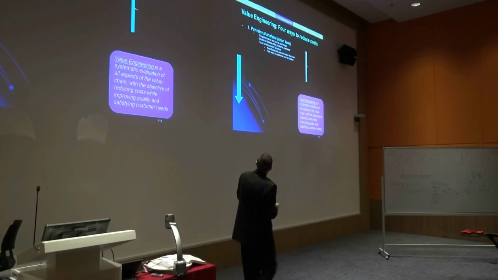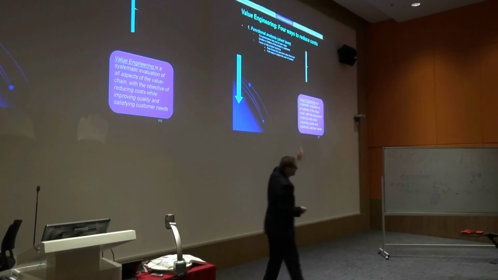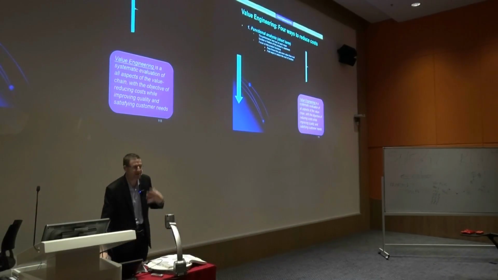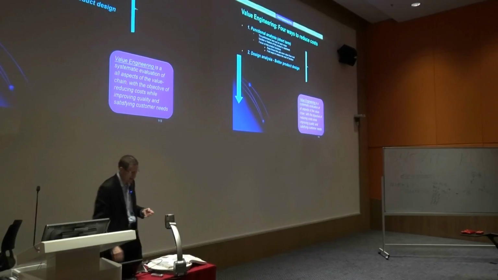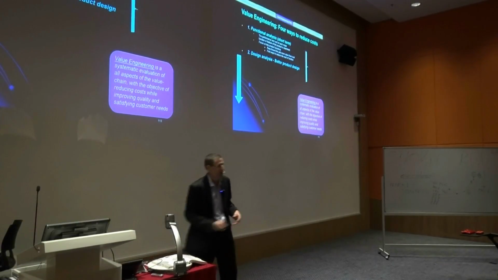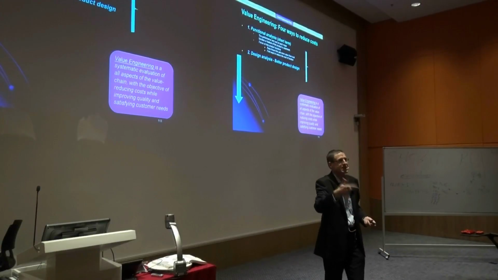So value engineering is about focusing, and if the inside can still do the same job, then we're going to do it. Now, functional analysis is figuring out what the product does for the customer.